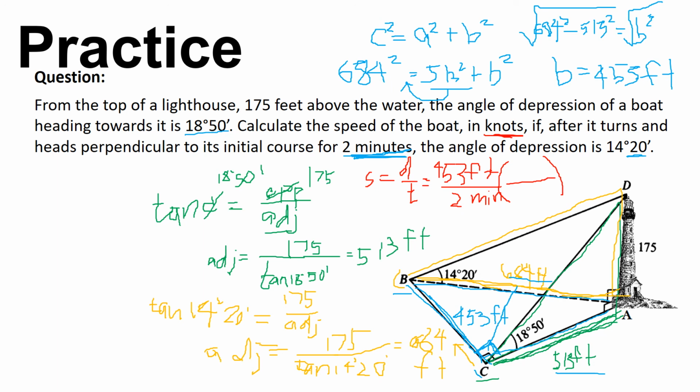So in 1 meter, there is 3.28084 feet, and in 1 nautical mile there's 1852 meters, and in 1 hour we have 60 minutes.